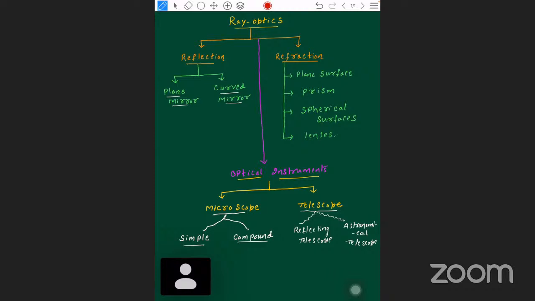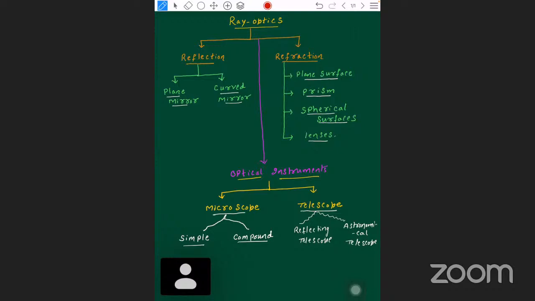Okay. So in refraction, you are going to analyze four different concepts: how the refraction is taking place in a plane surface, prism, spherical surface, and in the case of lenses. Under the application of this, we are going to analyze the important instruments, that is what we call optical instruments. Under optical instruments, we are going to deal with two concepts: one is the microscope, the other one is the telescope.